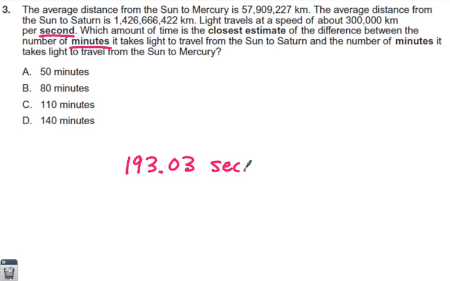Now I've got to do 1,426,666,422, and I'm going to divide that number by 300,000. And so that's going to be, what is this?